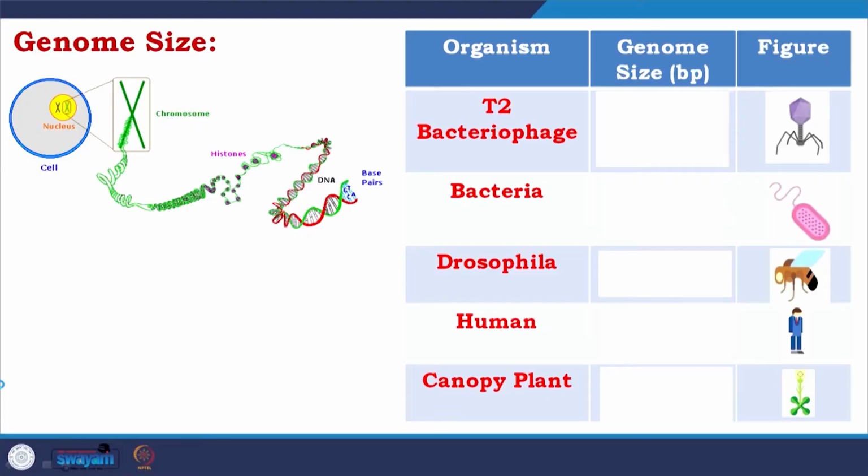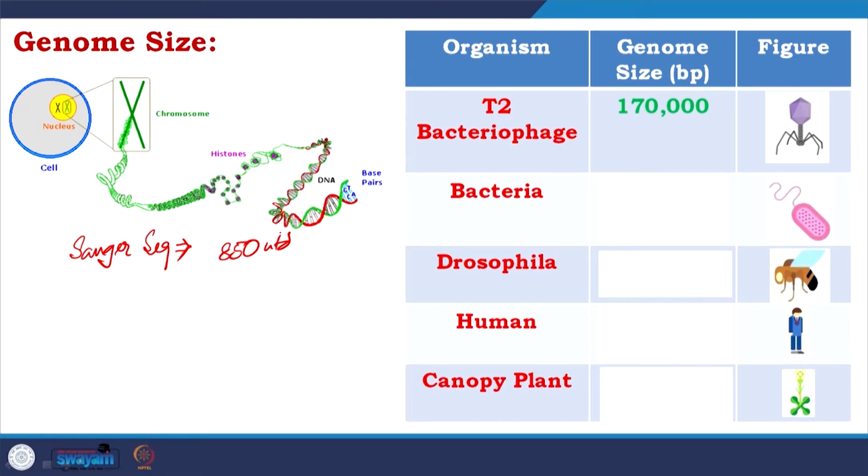Forget about the human genome. Let us look at genomes from very small organisms to plants that have bigger genomes. First we take the T2 bacteriophage, which is a virus, and its DNA has a size of 170,000 base pairs. As we are talking about Sanger sequencing, you could read around 850 nucleotides at a time.